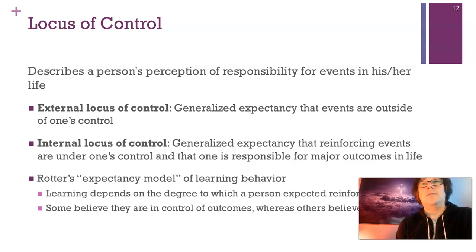Okay, another issue that is related to interpretation of people's perception is the idea of locus of control. Let's first talk about what locus of control is. It describes a person's perception of responsibility for events in their life. People who have an external locus of control have a generalized expectancy that events are outside of their control.